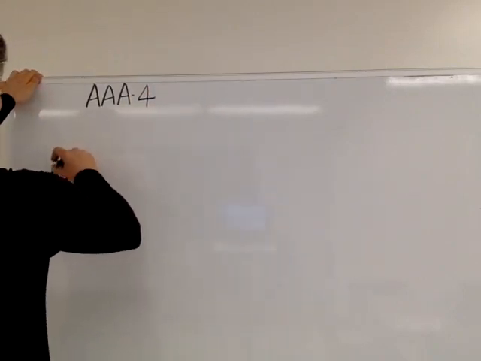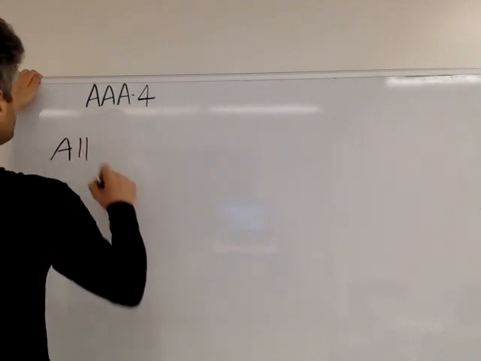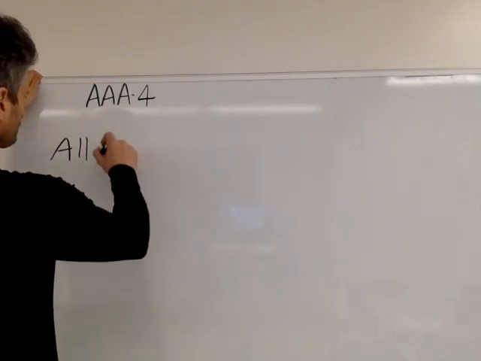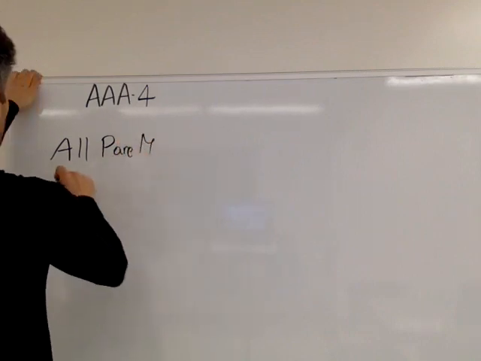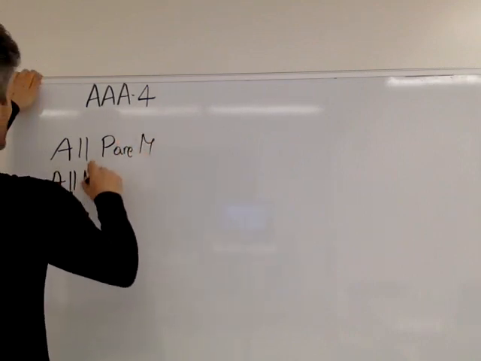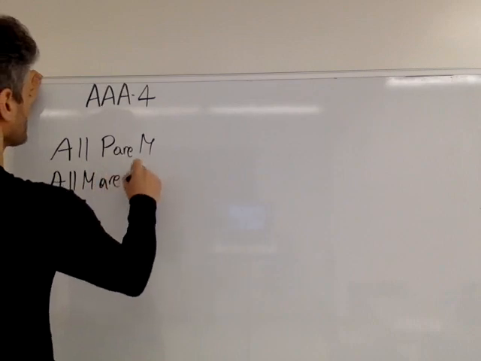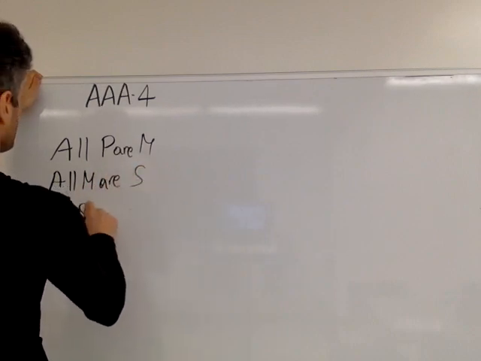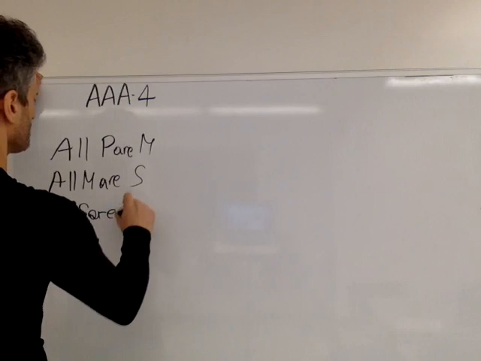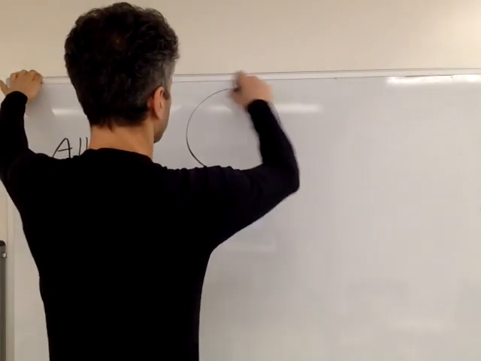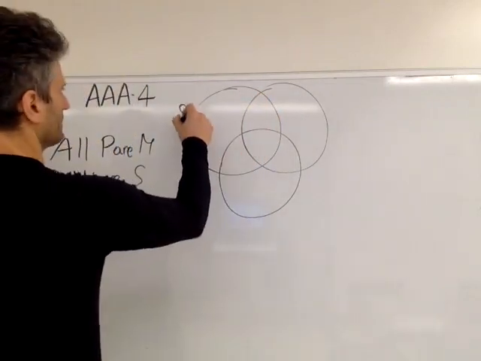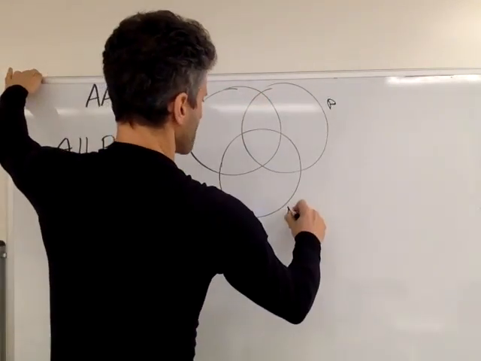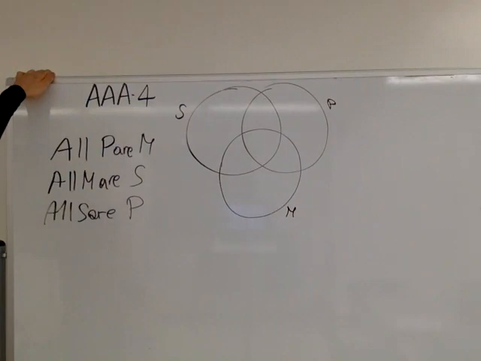So all P are M, all M are S, and all S are P. And S, P, and M. Let's see what happens if we change the mood, if we change a figure.